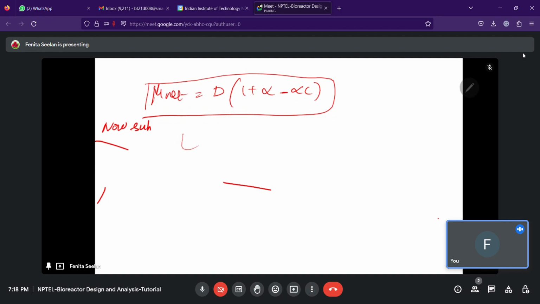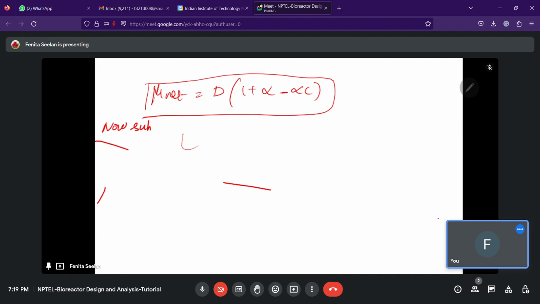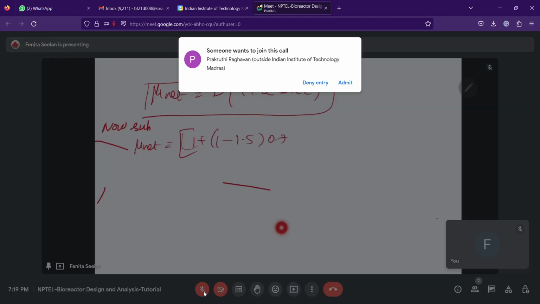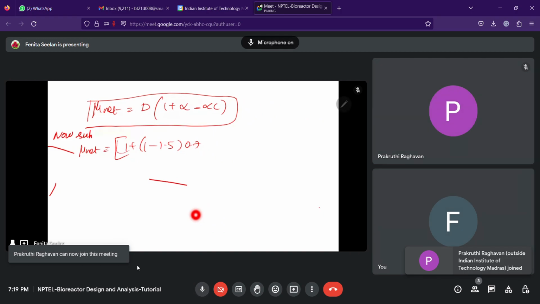So we have got the mu net is equal to D plus alpha minus alpha c. Now if we substitute, this is how we got. So now if we substitute the values given, we will be able to solve part A and B of the problem.